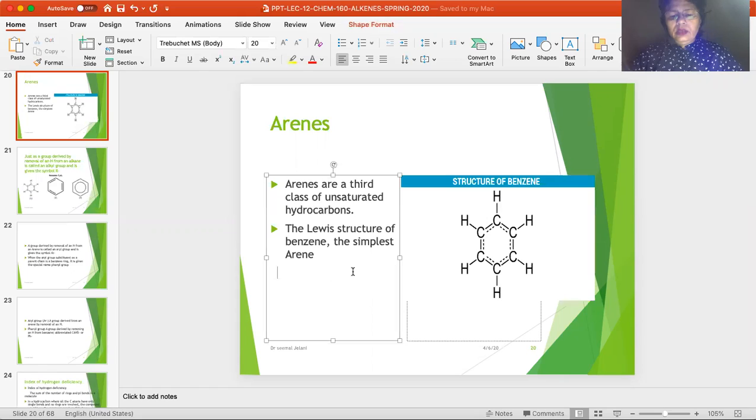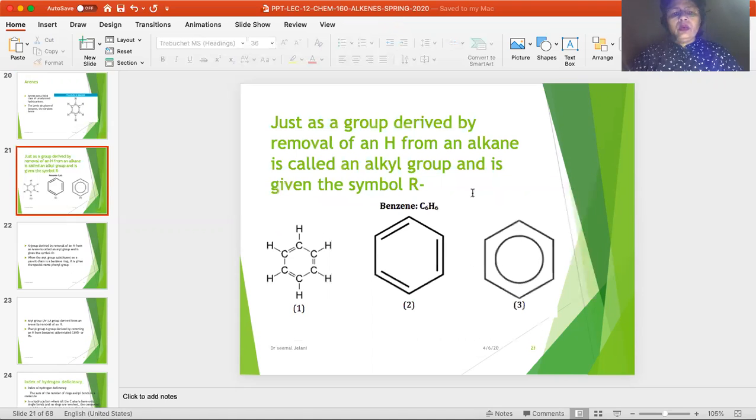Next explanation, we'll go to slide number 21. These are the 3 different pictures which are given for benzene. The molecular formula of benzene is C6H6. This is the expanded structure, this is the line structure, and here you can see that there are 3 double bonds, but here an inside circle is given.